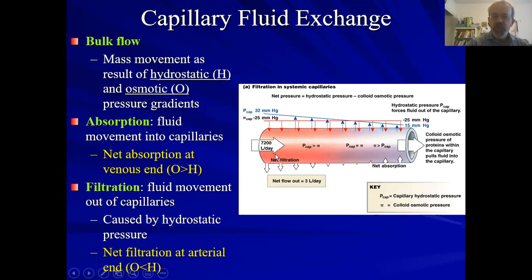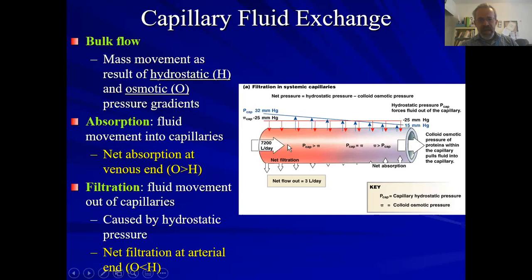Okay, so we have these two different pressures. At this end, this is the arterial end. So if you take a look, blood's coming in here, and then it's eventually leading to the venules out here. So we call this the venous end, and we call this the arterial end. So blood's coming in here.